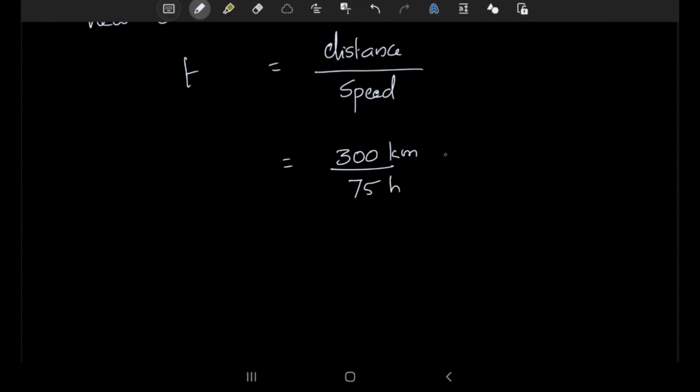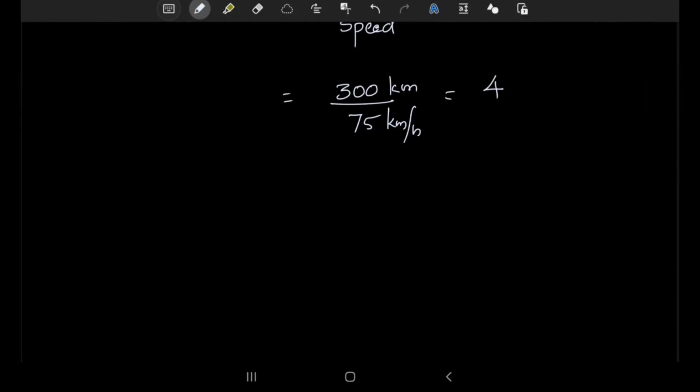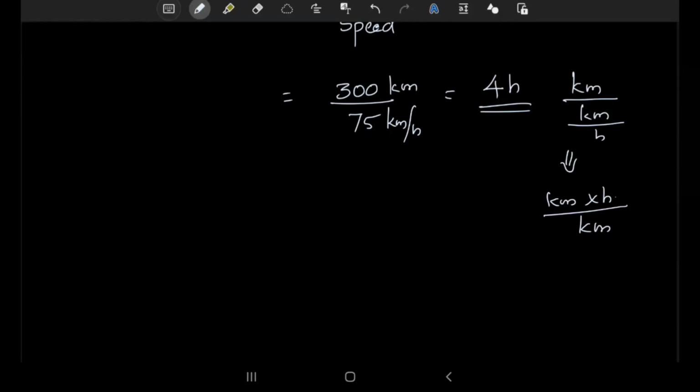The distance is in kilometer and the speed is in kilometer per hour, so kilometer multiplied with the reciprocal of kilometer per hour gives the answer in hours. So it is equal to 4 hours.